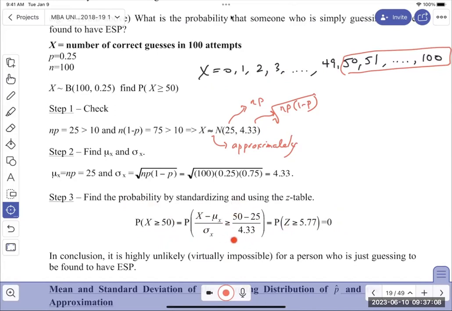When I standardize this, it becomes a number 5.77, which is way off our chart, but we still know the answer, even though it's off our chart. 5.77 might be over here, let's say. And we know it's off the chart, and anything off the chart in this tail, we say it's going to be 0, close to 0.